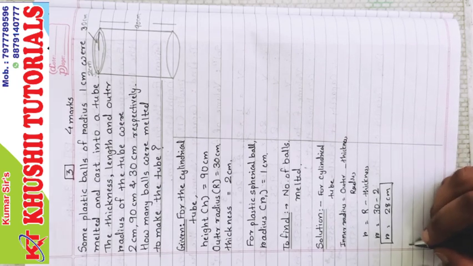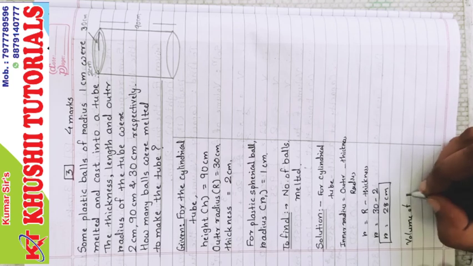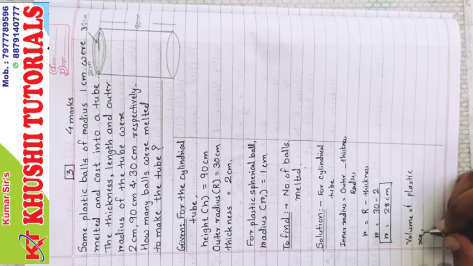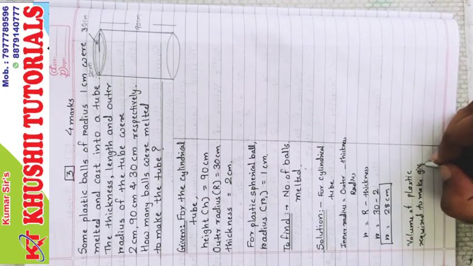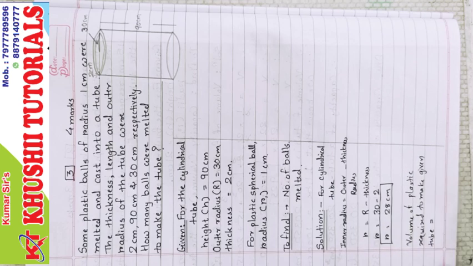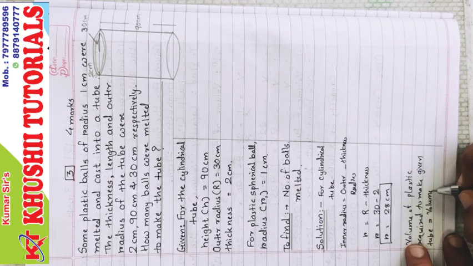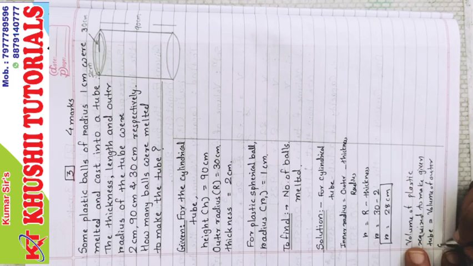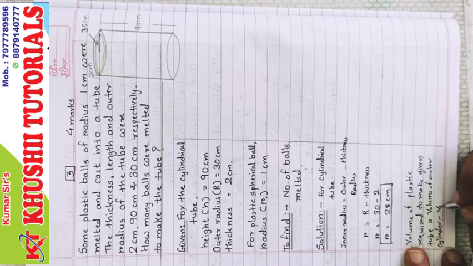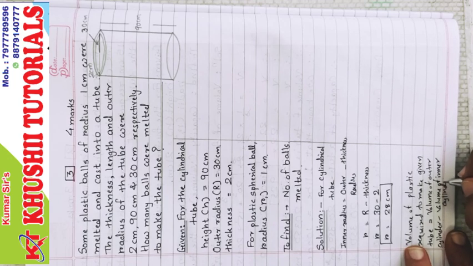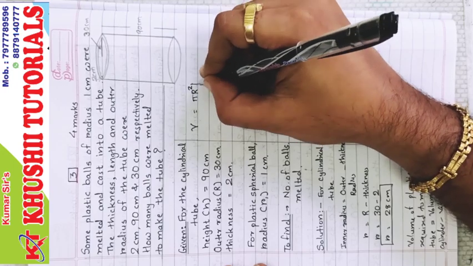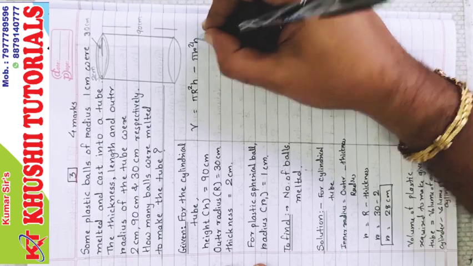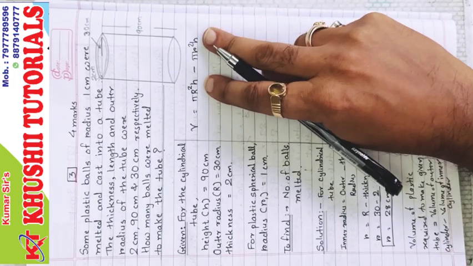Now volume of plastic required to make the given tube equal to volume of outer cylinder minus volume of inner cylinder, that is volume required equal to pi R square h minus pi r square h, as height will remain constant, so that's why I have taken small h.